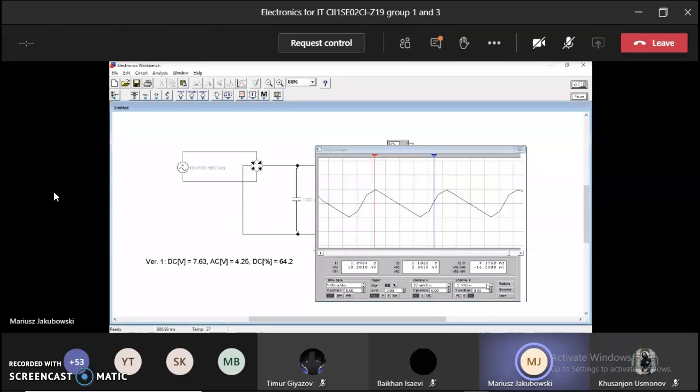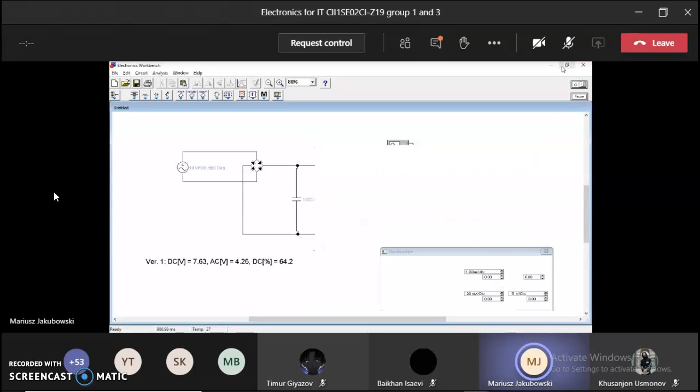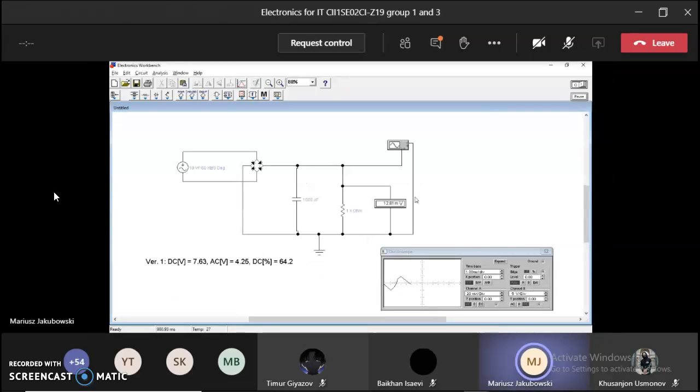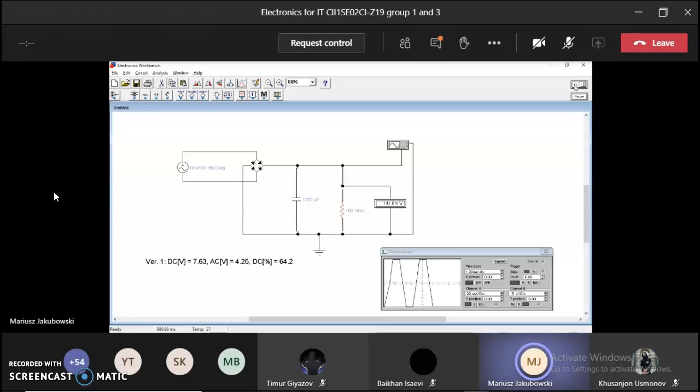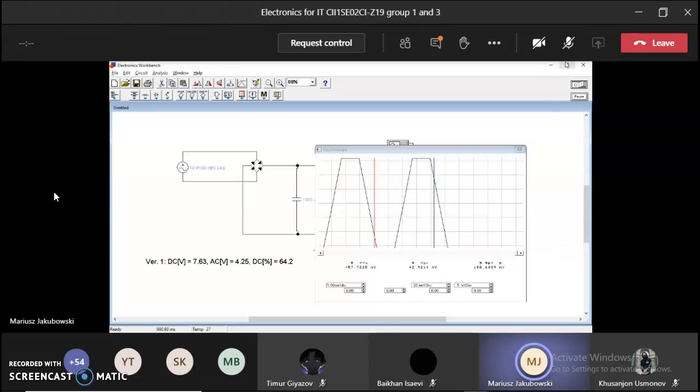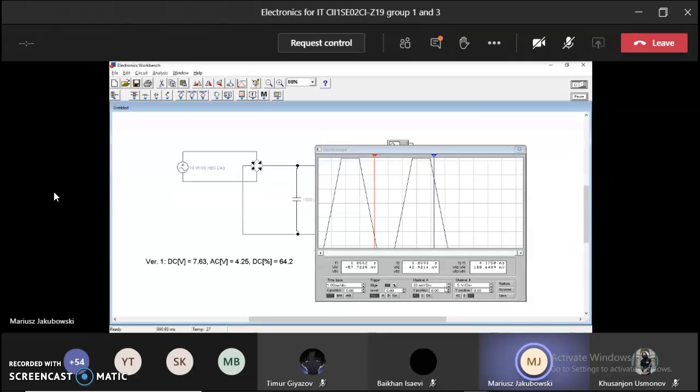However, this solution has a drawback as well because it's rather sensitive to the load resistance value. When I decrease, for instance, the load resistance from 1 kilo ohm to 100 ohm, you can see that this variable component is greater again.